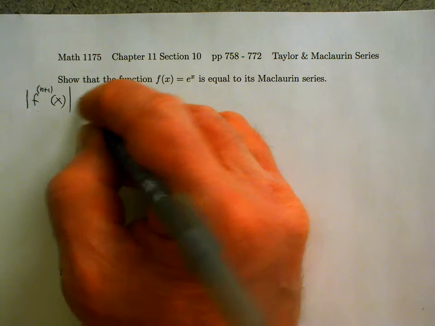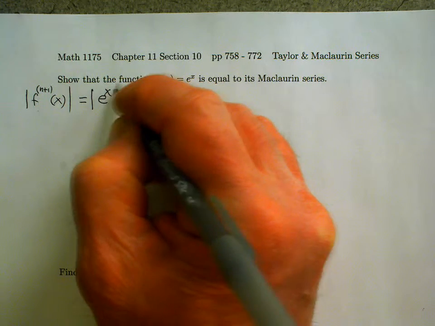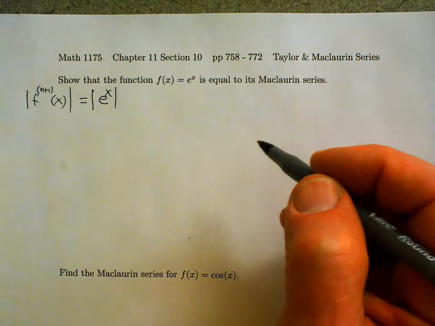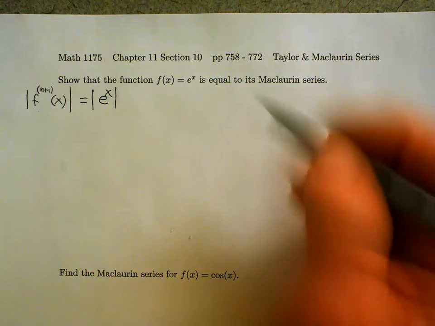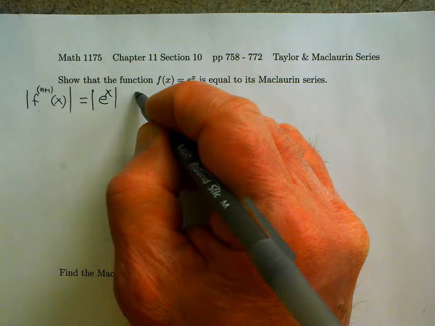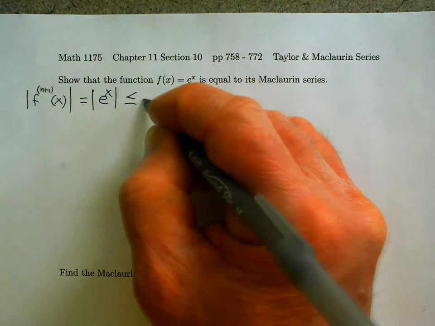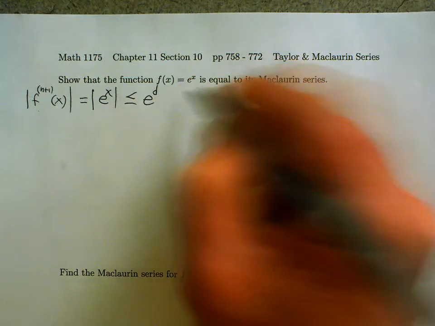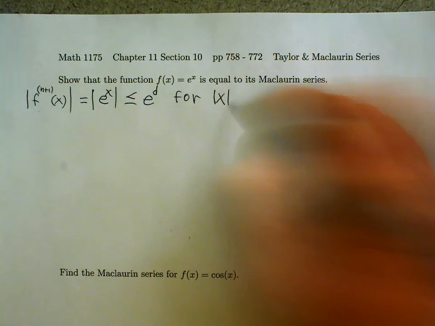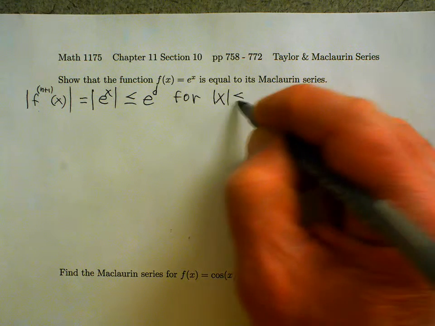is just equal to the absolute value of e to the x, and this is less than or equal to e to the d for the absolute value of x less than or equal to d.